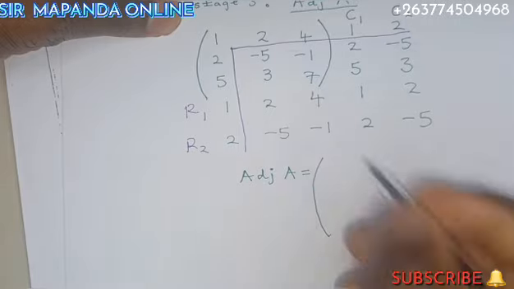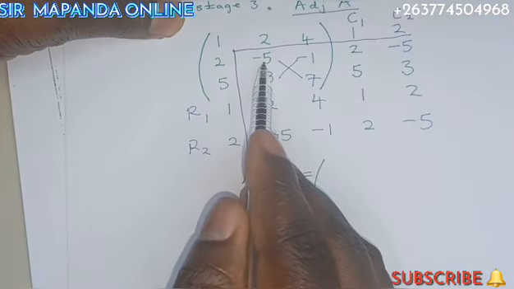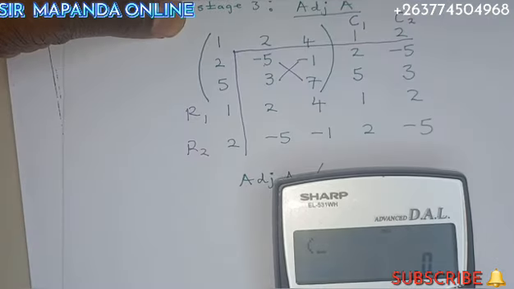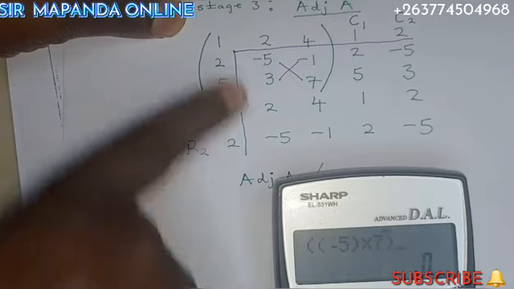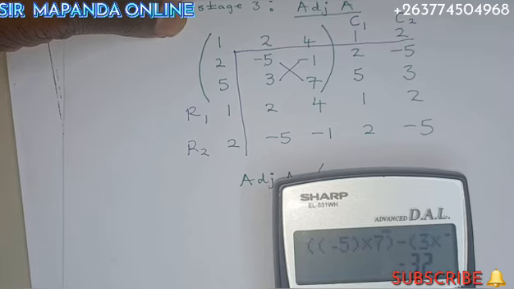So the first 2 by 2 matrix is this one, which is minus 5, minus 1, 3, and 7. So you are saying minus 5 times 7, which is the product of the first diagonal, minus 3 times minus 1. You get minus 32. I'm using this calculator to make sure that I don't make mistakes.